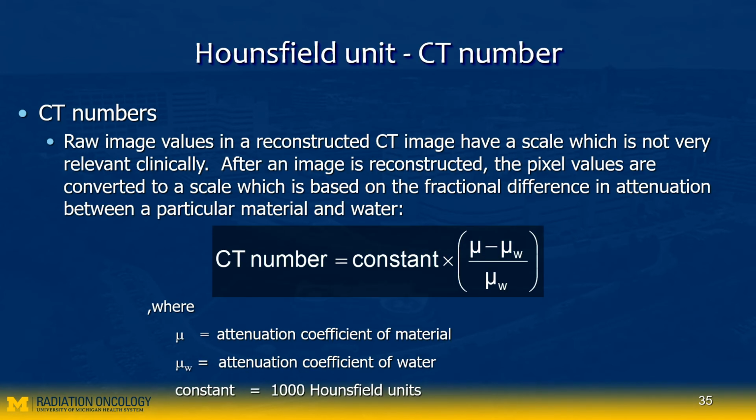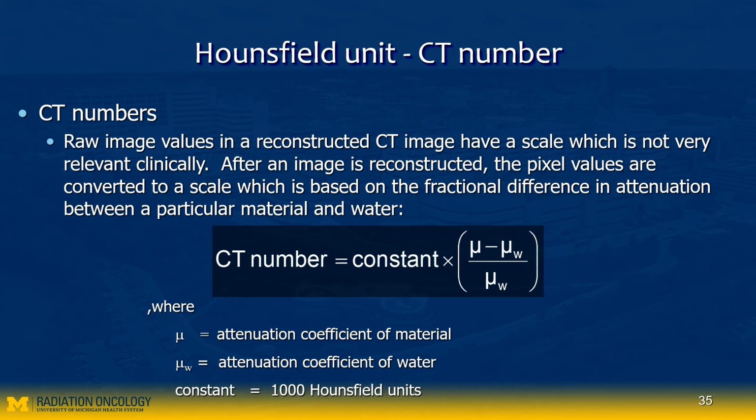So in CT, there's this thing called the Hounsfield unit, or CT number. The CT number is defined like this: some constant, typically 1,000, times the relative linear attenuation coefficient with respect to that of water. So if you have a material like bone or lung, the CT number of that material is defined as 1,000 times this relative linear attenuation coefficient.